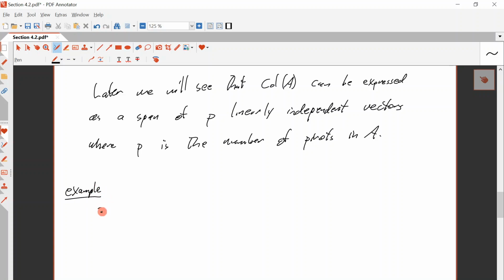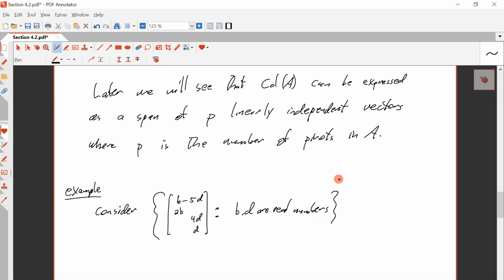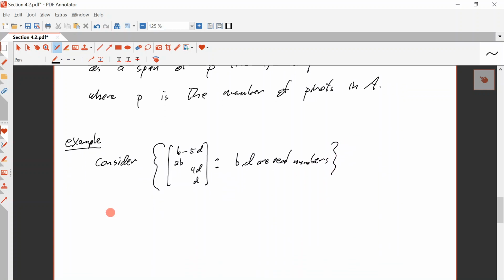Consider the set of all vectors of the form b minus 5d, 2b, 4d, d, such that b and d are any real numbers.